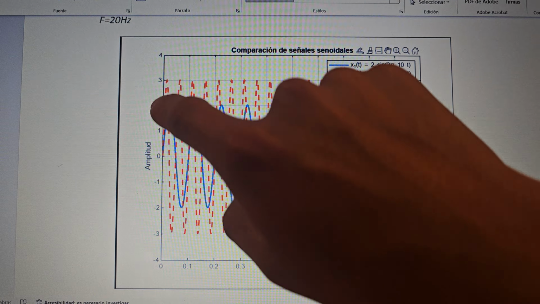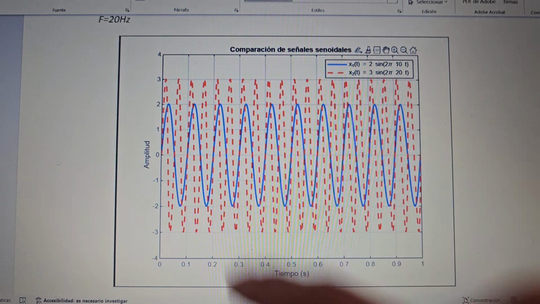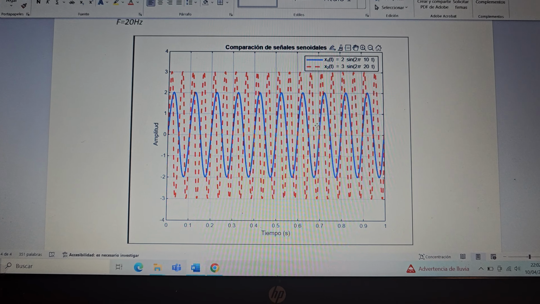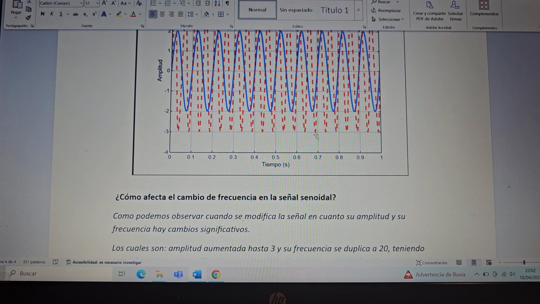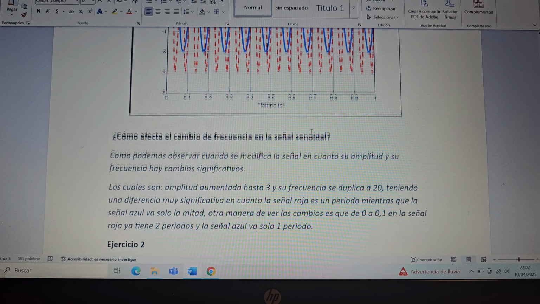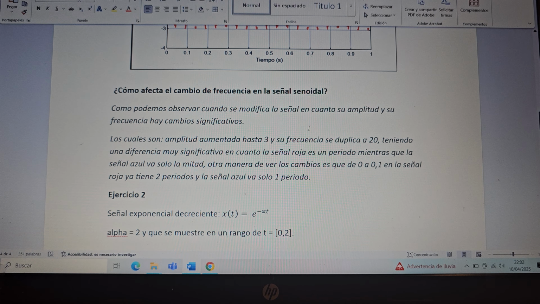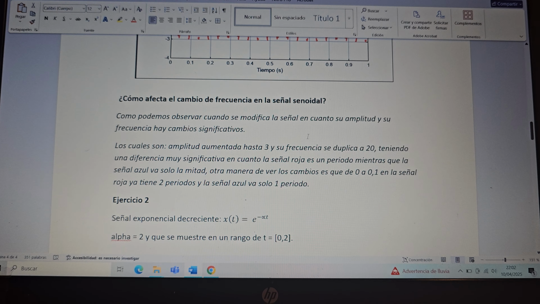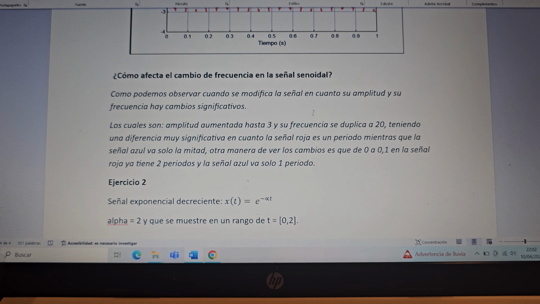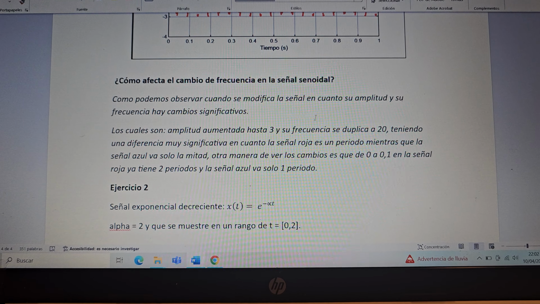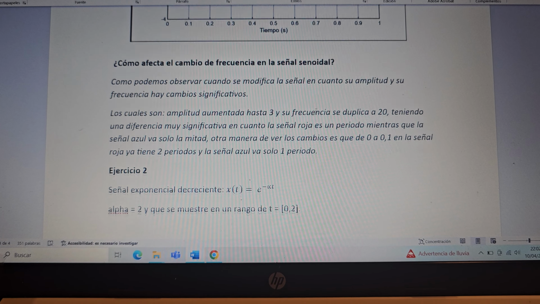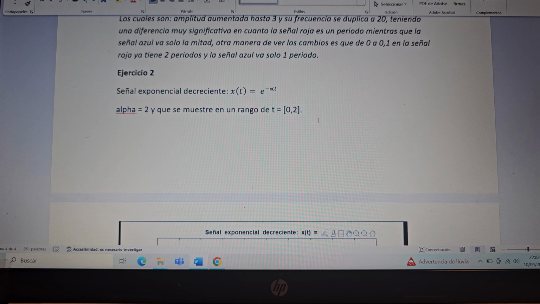And what happens to the blue signal is just 1. That's the main difference that I found in this graphic. Now this is the answer: how this change in the frequency affects the sinusoidal signal. And we're going to exercise 2.